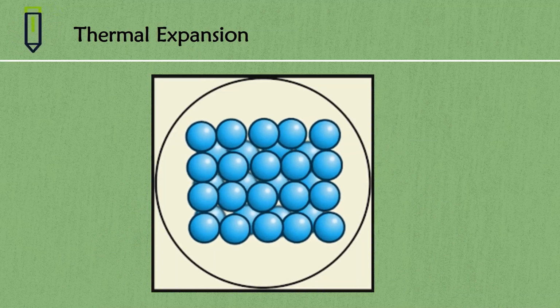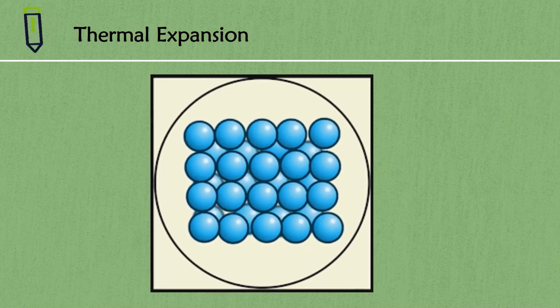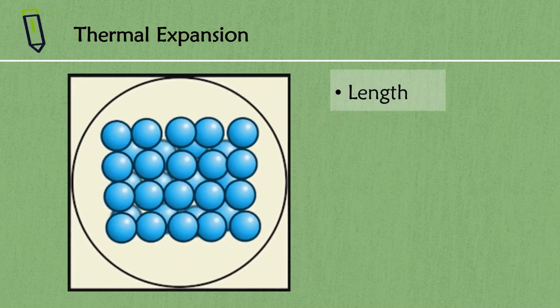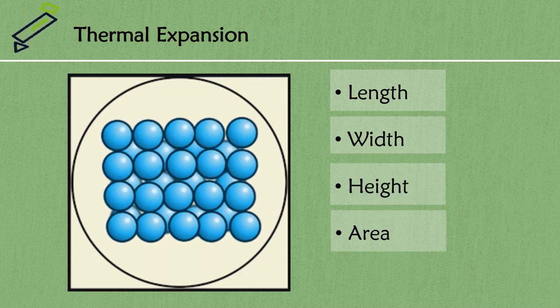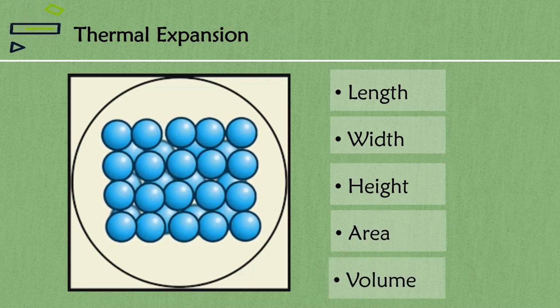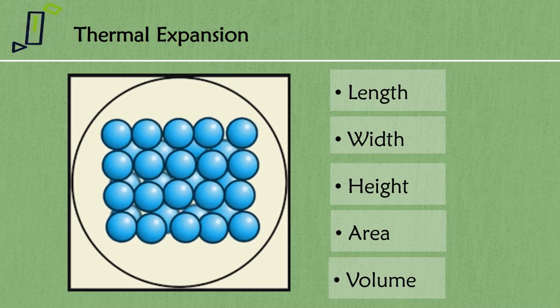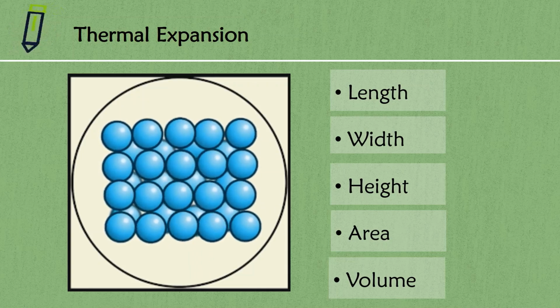When temperature changes, thermal expansion in solids happen, causing a change in their length, width, height, area, and volume. Molecules or atoms of materials vibrate constantly, heating these materials causing the particles to vibrate faster, fill in more spaces, and move to empty spaces, resulting in the materials to expand or increase in size.